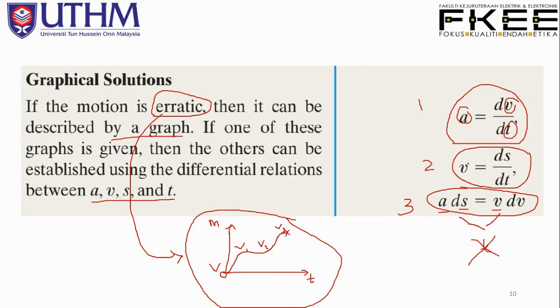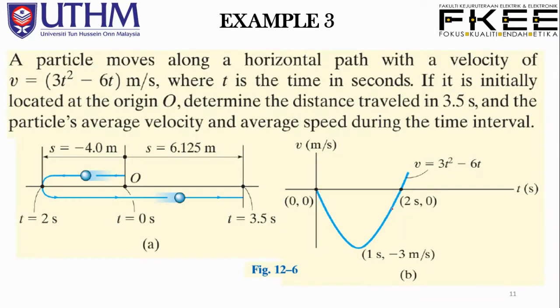Similarly for the second equation, we have v, s, and t. But for the third one, we don't have t, the time, but we do have acceleration, the distance, as well as the speed or velocity.